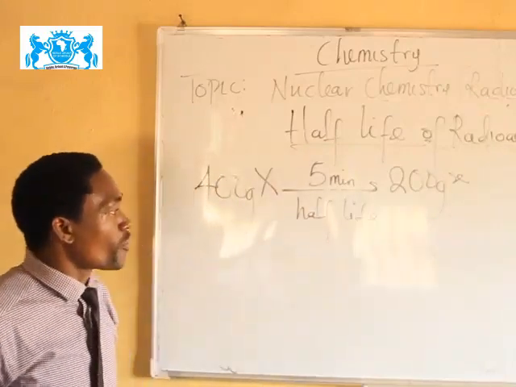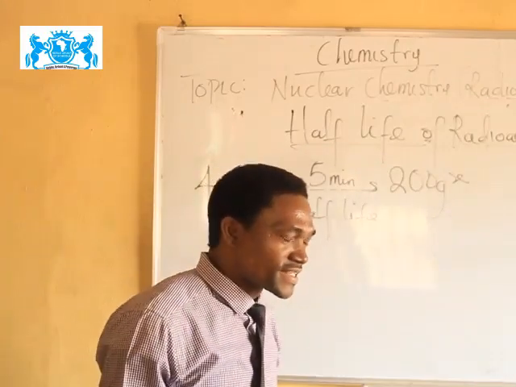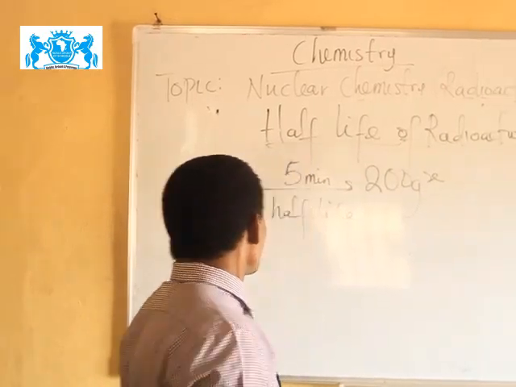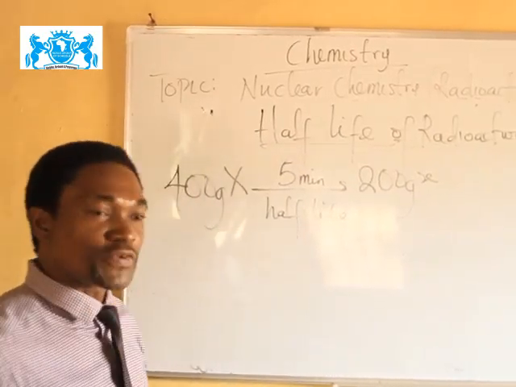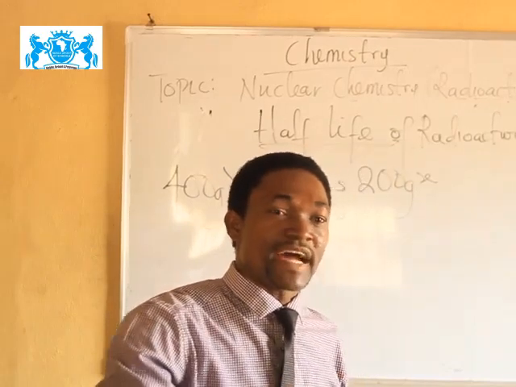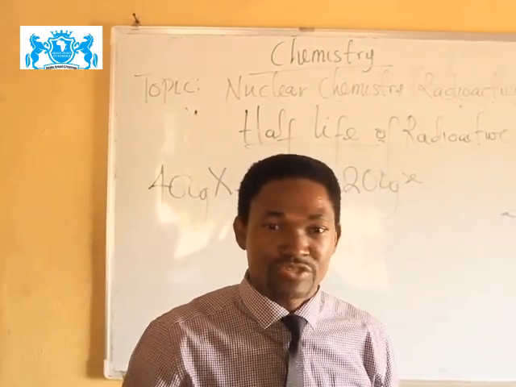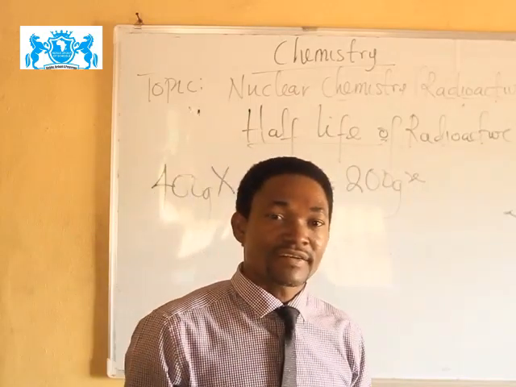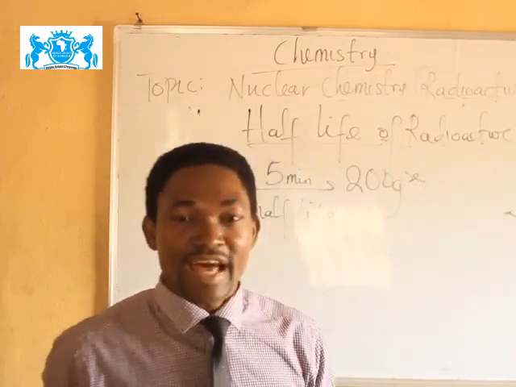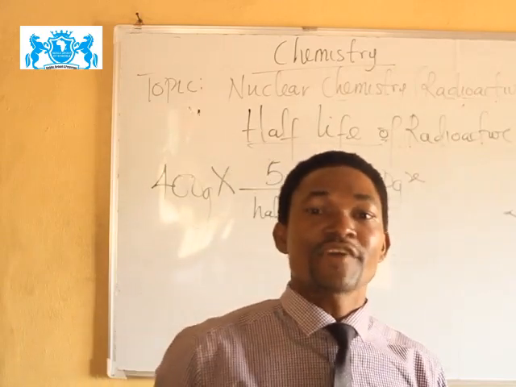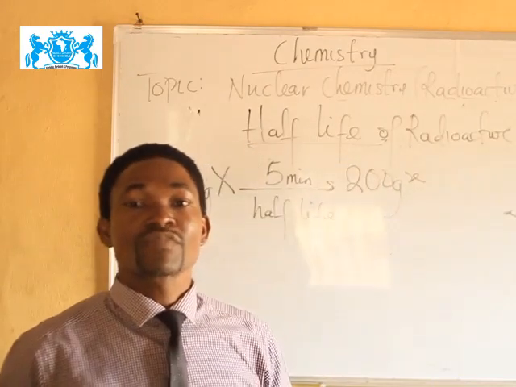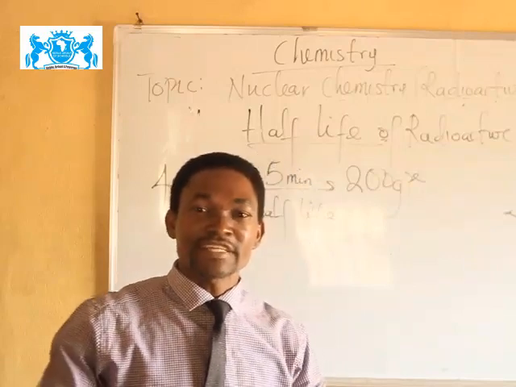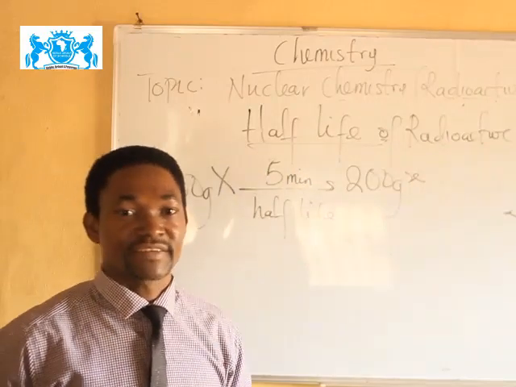Now a question can come up, like it can be asked in your WAEC and in your JAM questions: what mass of a radioactive material, say 400 grams of X, given that the half-life of X is 5 minutes, will be left after 15 minutes of decay?